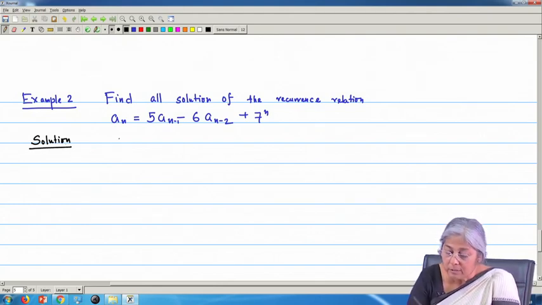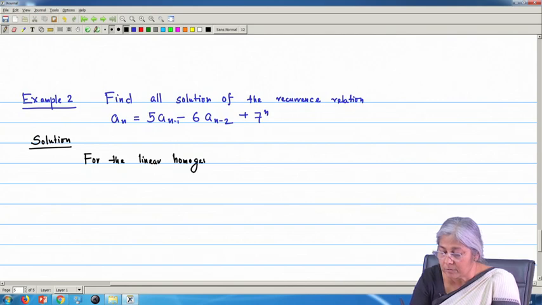First we see the linear homogeneous part.